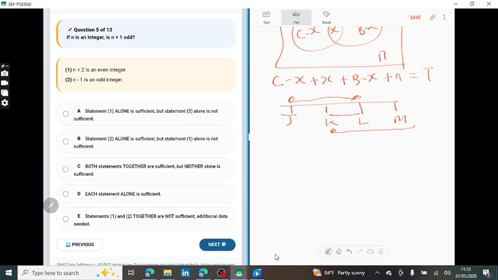Next question. If N is an integer, is N plus 1 odd? Let's classify what integers are. Integers are numbers such that S is a member of this group: from negative infinity, minus 3, minus 2, minus 1, 0, then 1, 2, 3, and continue like that.